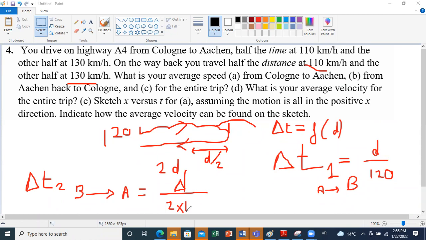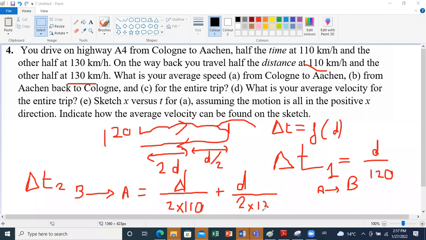While for the other half of the motion, the time was d over 2 times 130.